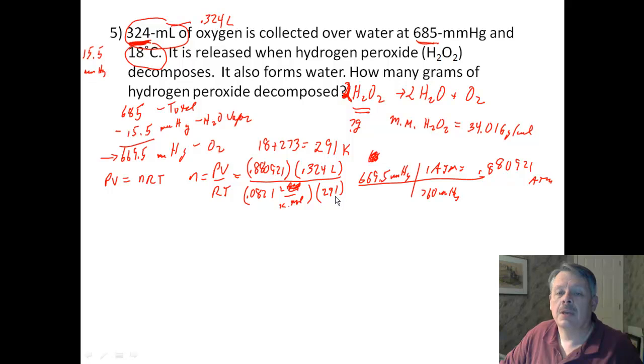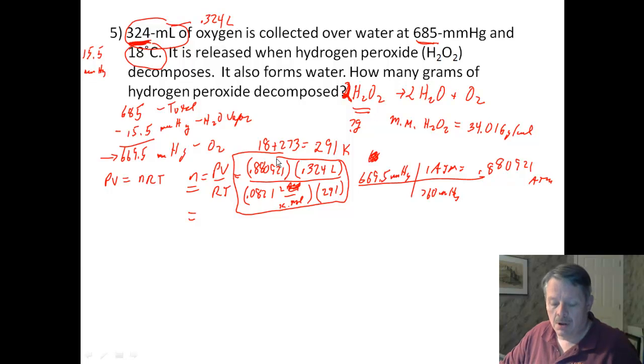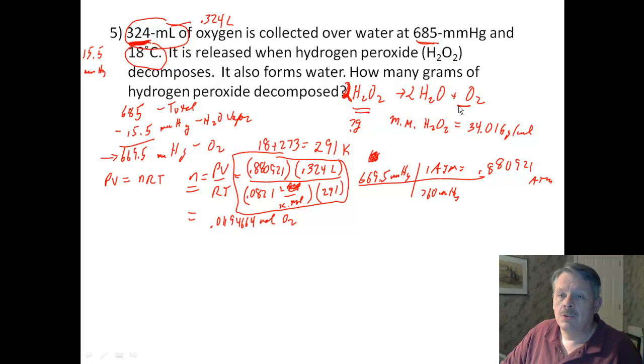That way we can cancel liters, atmospheres, and Kelvin, and come back with the number of moles. When we do that math out, we get this mess. When you do the math, you come up with 0.011946664 moles of oxygen.